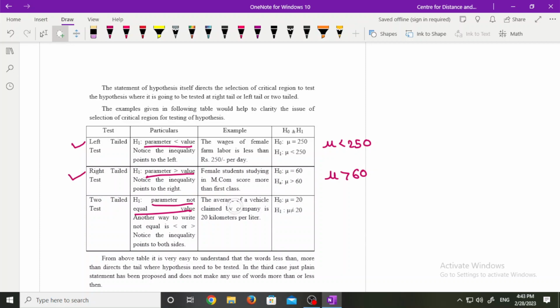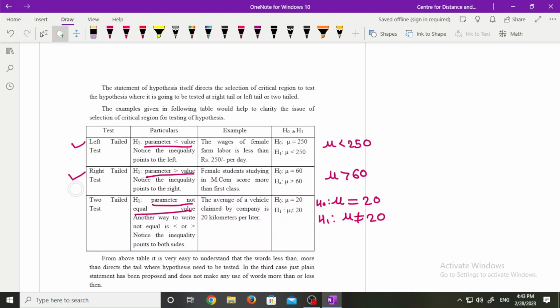And the average of a vehicle claimed by the company is 20 kilometers per day, that is mu is equal to 20, this is our H0, and H1 is mu is not equal to 20.